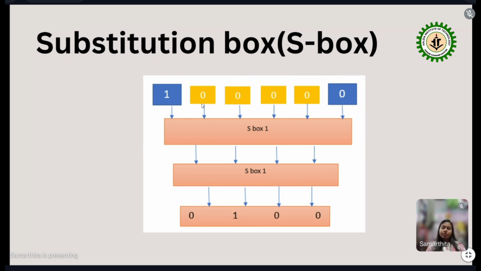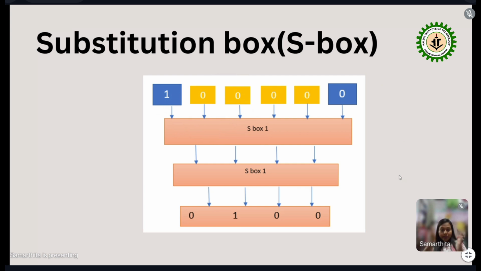So from 0 to 3 there are 4 rows, and there are 16 columns. Here 1 and 0 is indicating the number 2, and 0 0 0 0 is indicating the value 0, meaning we will be indicating the intersection value of these column and row, where the column value is 0 and the row value is 0.